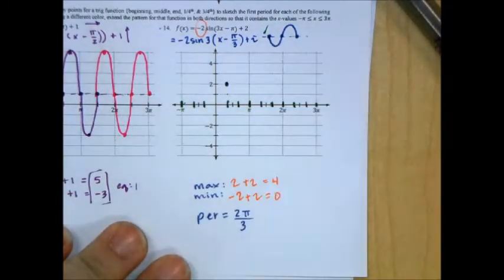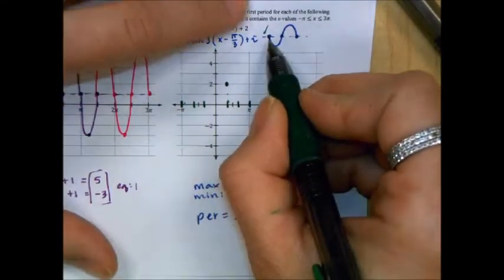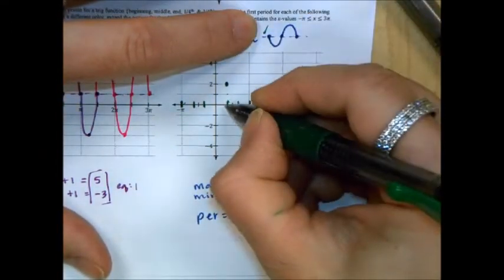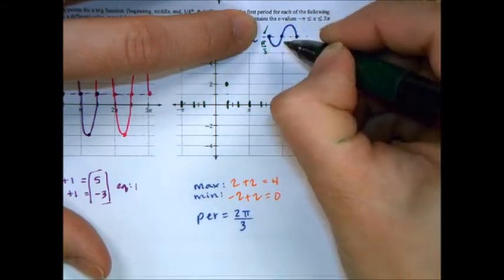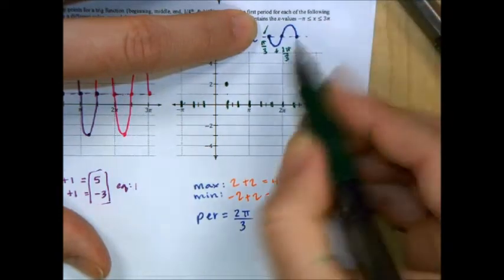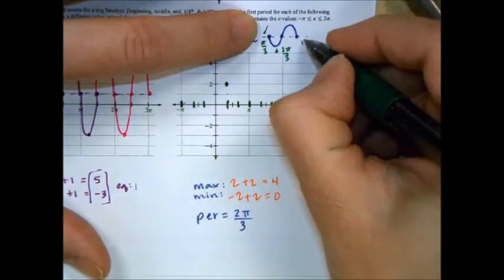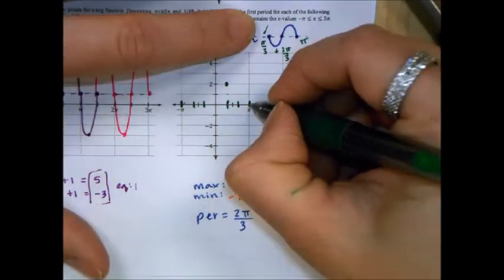So to get to the end, we want to add our period to our start value. So we started at pi over 3. We want to add the period length, 2 pi over 3. So if I add those together, I end up at 3 pi over 3, which is pi. So right here at pi, we should be all done with this period.